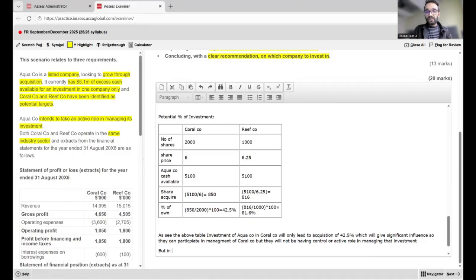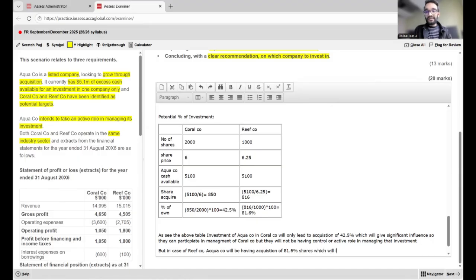But in the case of Reefco, Aquaco will be having acquisition of 81.6% shares, right?